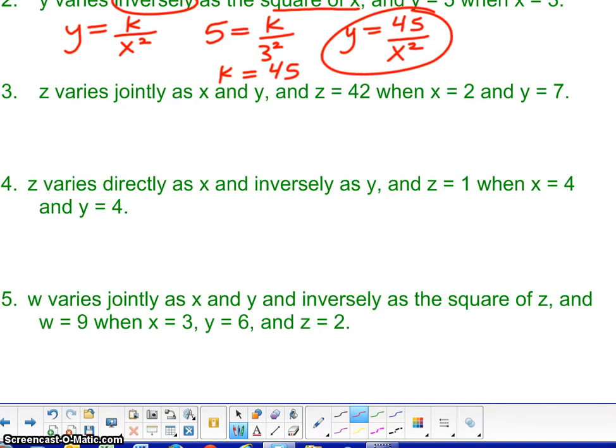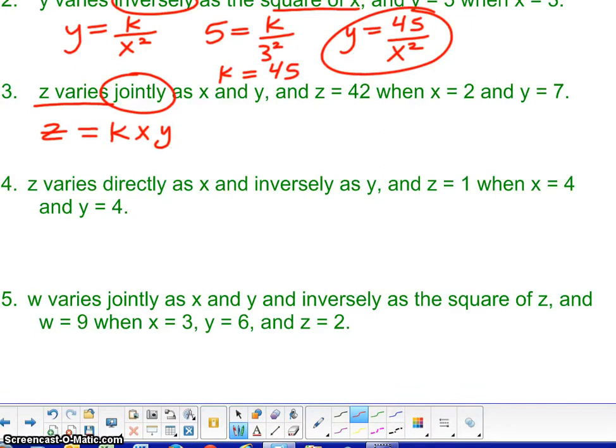Okay, the next one, it says jointly, and it says z varies. So I'm going to start with z this time, and there's got to be the k for that constant of variation, as x and y. So it looks a little different from what I wrote as the formula, but the idea is still the same. Just look at what your variable is that they start with. Once it says varies jointly, that's where the k is going to come in.